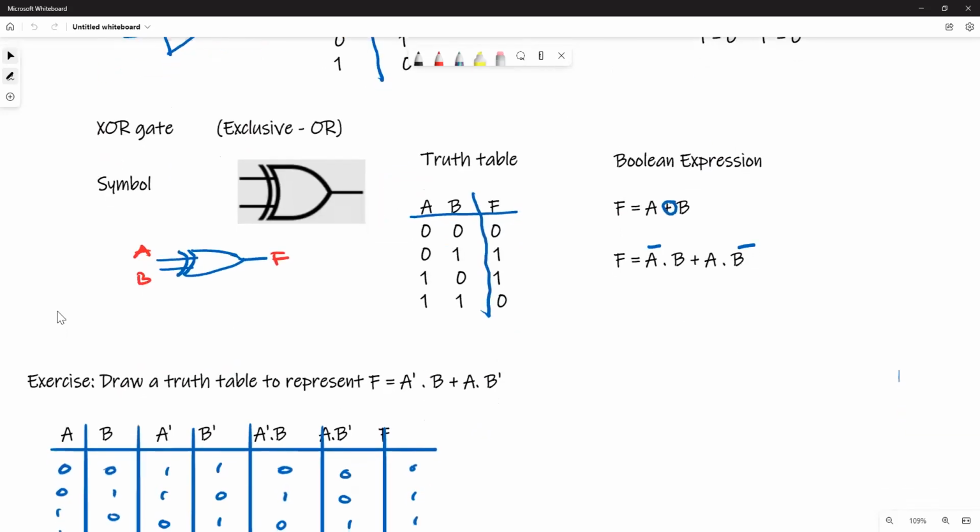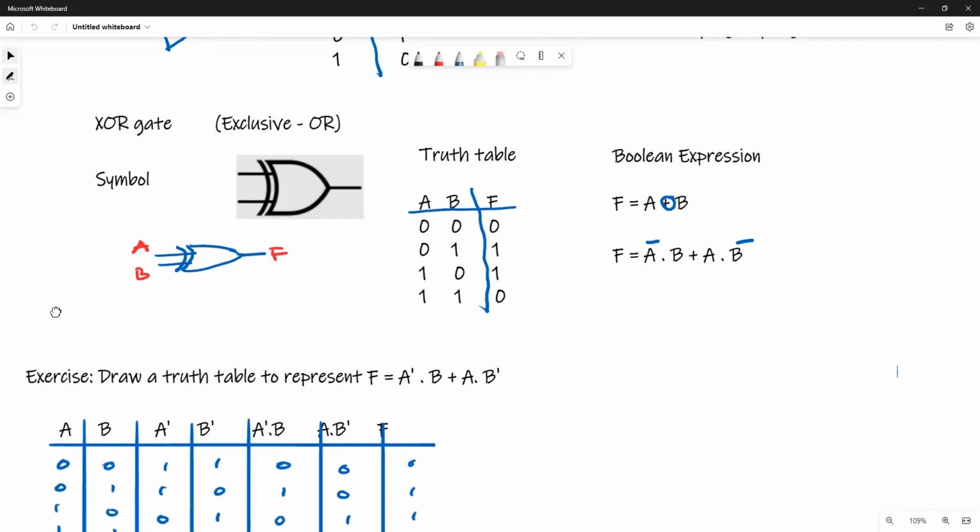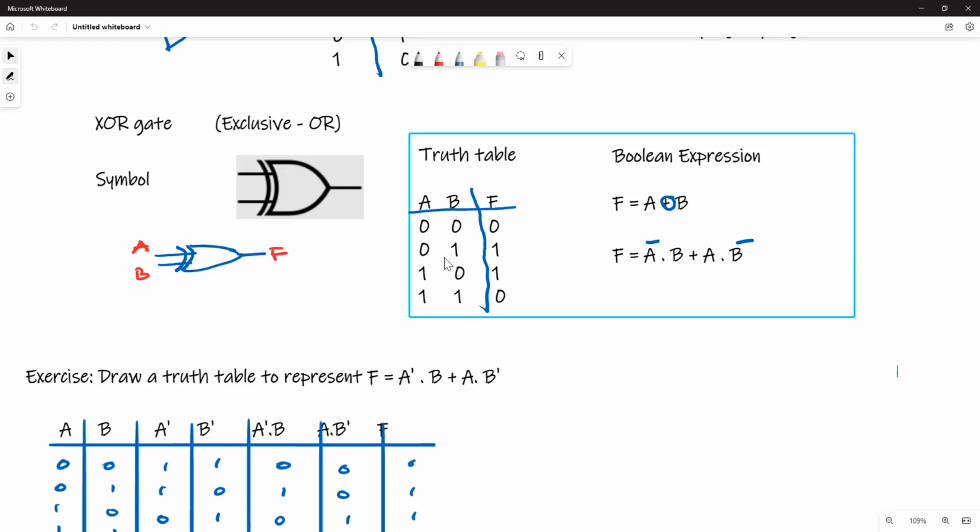The fourth one, which is new, is exclusive OR. The symbol is similar to this one. If the inputs are A and B and the outcome is F, in the truth table we can see that exclusive OR means the output is 1 only when exactly one of the inputs is 1.